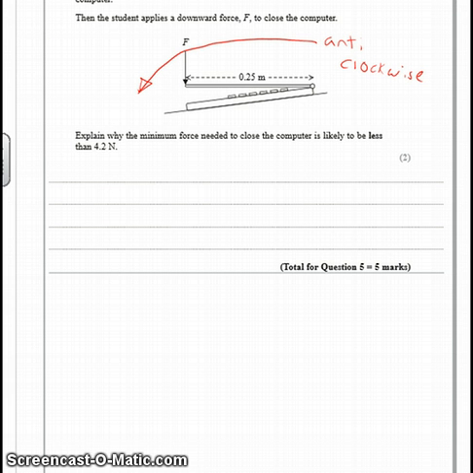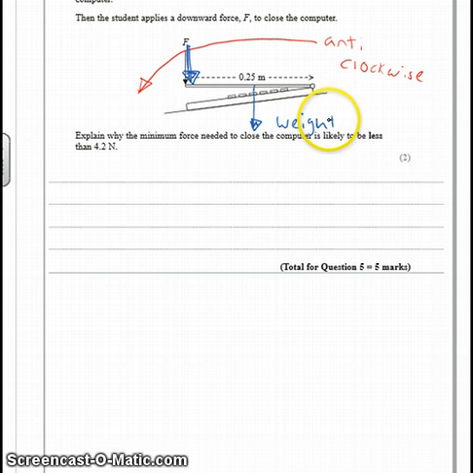Now the downward force that we apply to close the lid produces an anti-clockwise moment, but that's not the only anti-clockwise moment in this situation, because we've always got at the same time the weight of the laptop lid. So now we've got two anti-clockwise moments.